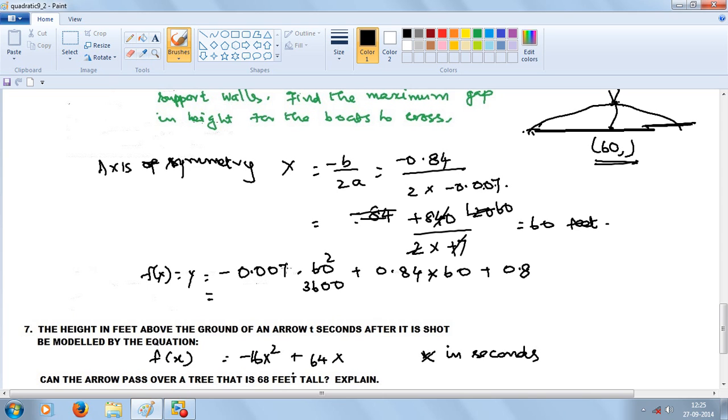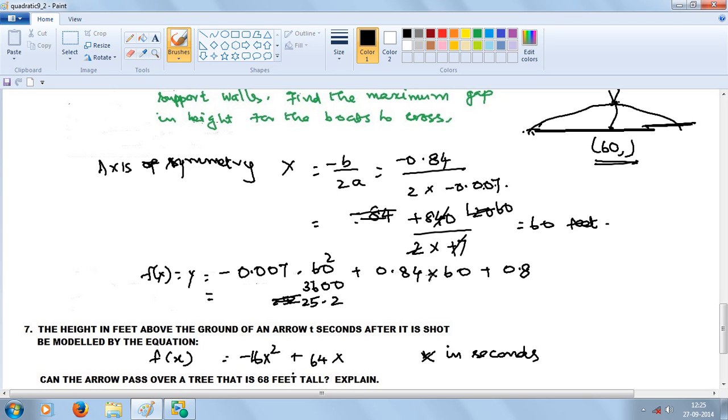So 3600 times 0.007: 7 sixes are 42, 7 threes are 21 plus 4, 25. This will become 25.2.